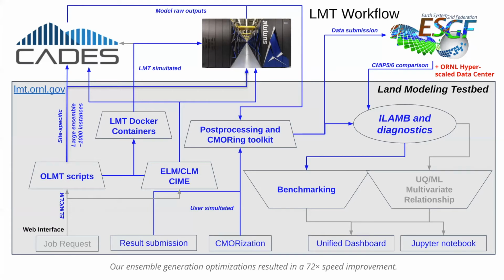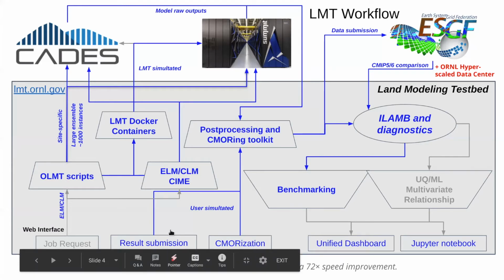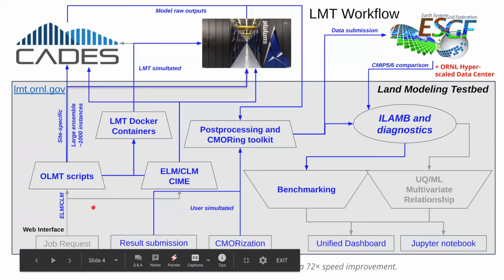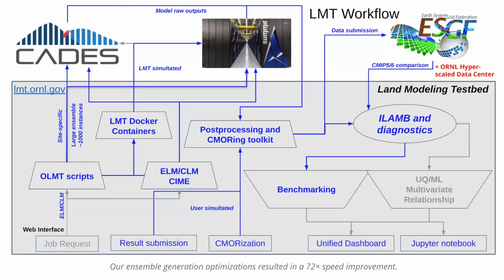I'm going to turn the pointer on here so I can point you to different things. Our entire workflow consisted of a suite of scripts for taking the land models and running them either through this CADES cloud system at ORNL or through the Summit machine.